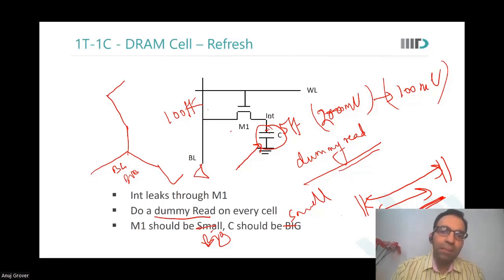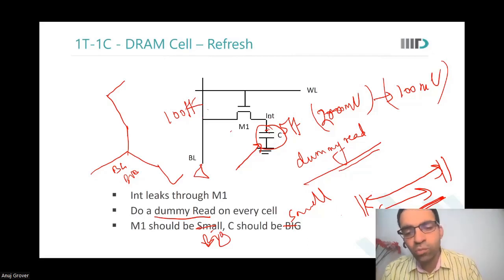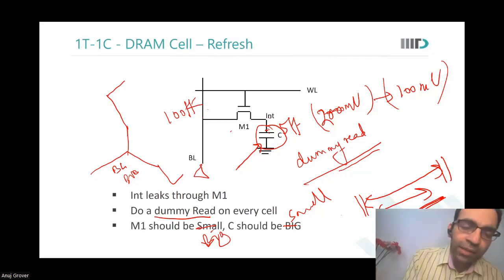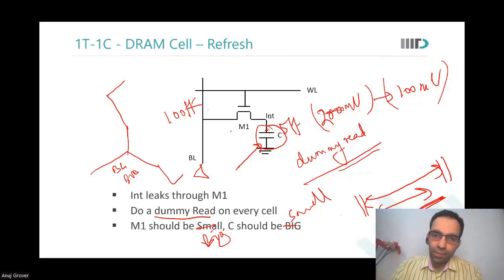The sense amp requires a particular delta V. Now that delta V is lesser in the same duration, so you can let it discharge for some more time and then do the refresh. So that is how a large capacitor helps in increasing the interval between two refresh cycles.